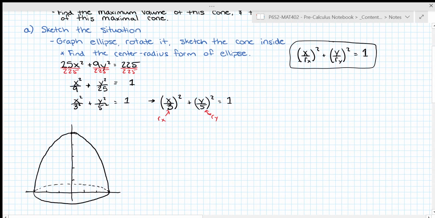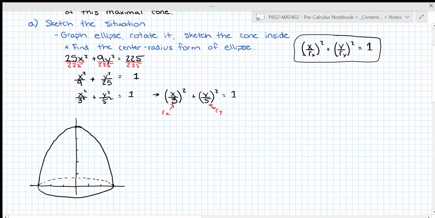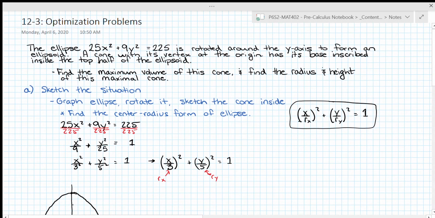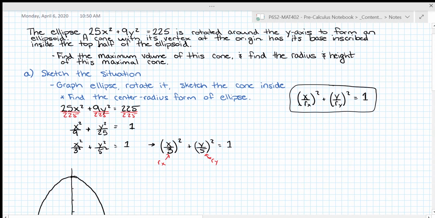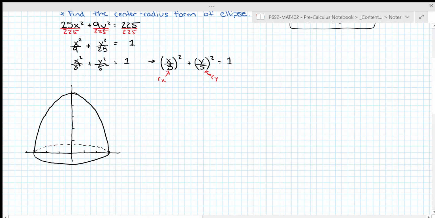So there's my ellipsoid. The last thing we need to do is think about that cone, right? So there's a cone that's inscribed inside of this ellipsoid. It says its vertex is at the origin and the base of the cone is inscribed inside the top half of the ellipsoid. So my vertex is right there.